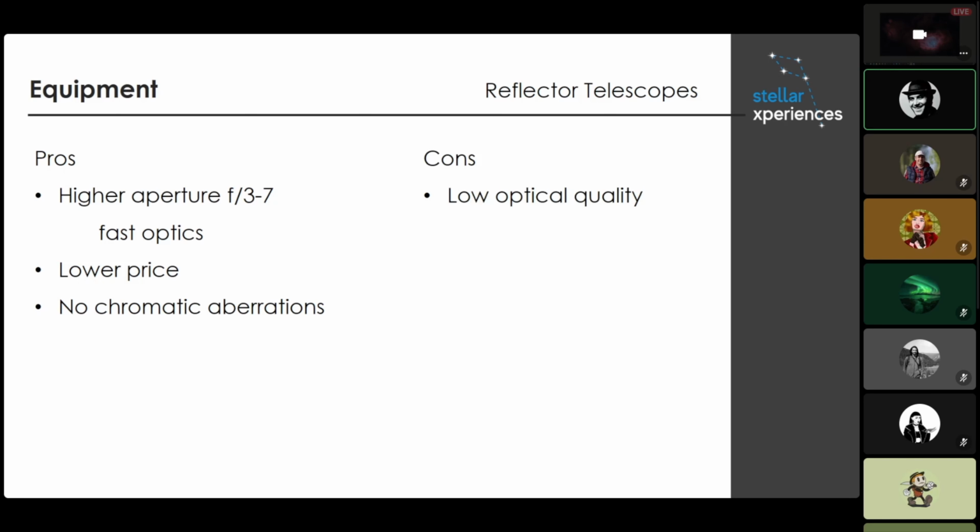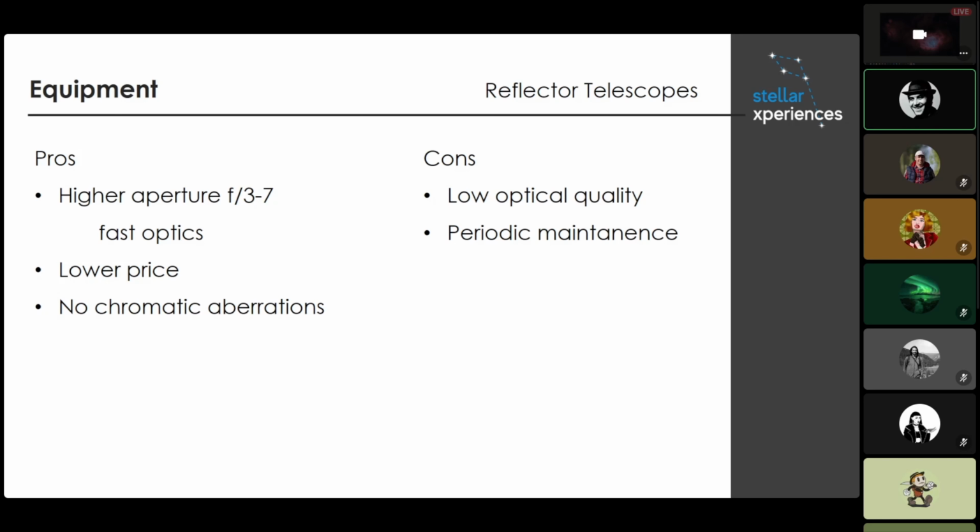And sometimes, if they're not manufactured to high-end quality, they can have low optical quality, and then you may have to use other devices or accessories to fix this low optical quality, or you may need to go and buy a better telescope. And they need periodic maintenance called collimation, because they have mirrors.